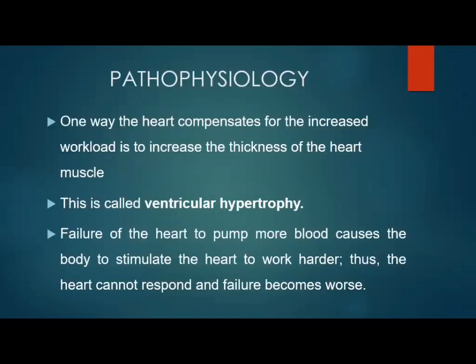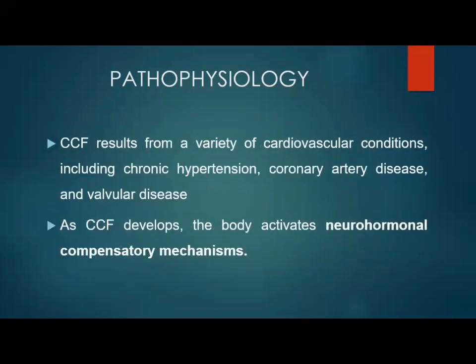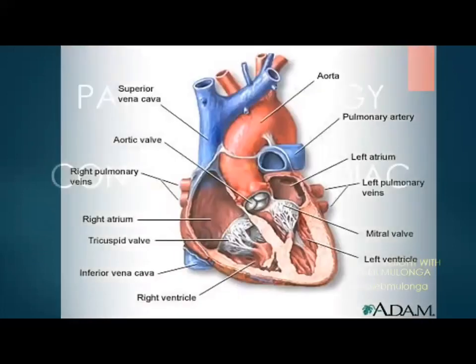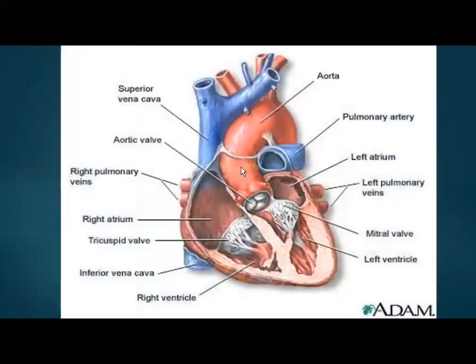So now just a quick summary that now we've learned of this pathophysiology, we go and refer back to the heart. So our heart here. So what I meant when I said ventricular dilatation or ventricular stretch, here is the ventricle.